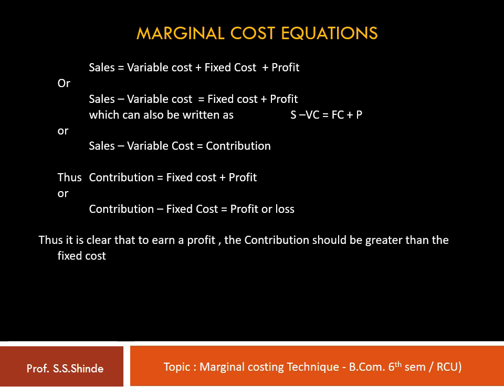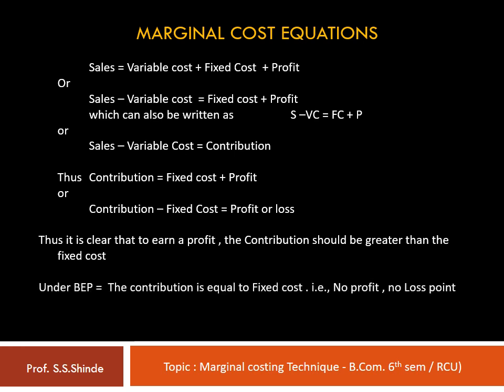Thus, it's clear that to earn a profit, the contribution should be greater than the fixed cost. And at the break-even point, the contribution is equal to fixed cost, that is no profit or no loss point, whereby we write the equation as contribution is equal to fixed cost under BEP.